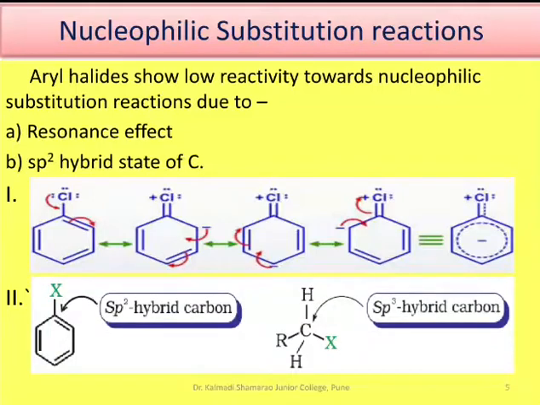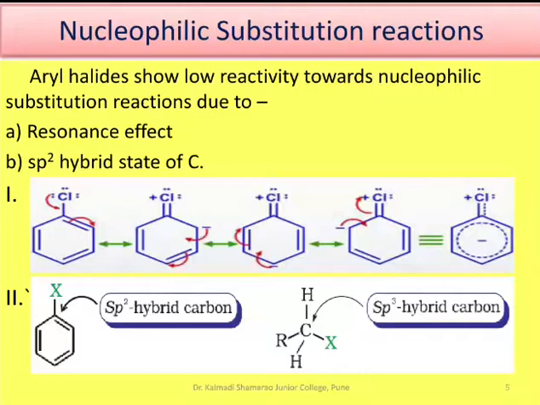On the other hand, the halogen in the haloarene is attached to an sp2 hybridized carbon. This sp2 hybridized orbital is smaller in size as compared to the sp3 hybrid orbital in alkyl halide. Therefore, the C-X bond in haloarene is shorter as compared to the C-X bond in alkyl halide.